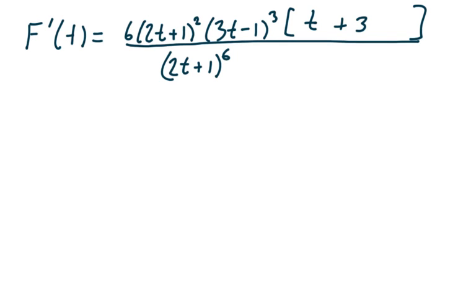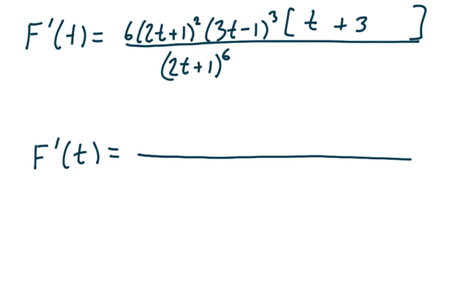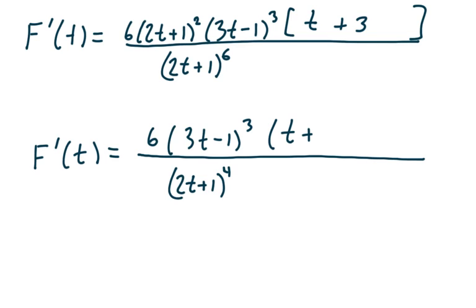And one last step, I can say f prime of t equals. Now, in the denominator, I get 2t plus 1 to the 4th. In the numerator, I get 6 times 3t minus 1 to the 3rd times t plus 3.